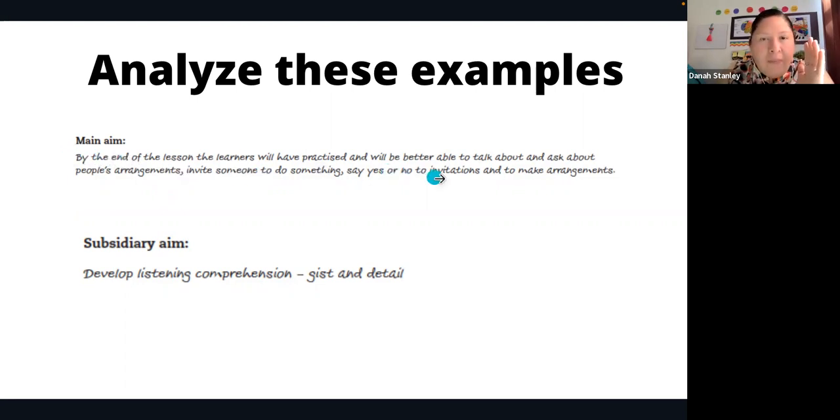They don't say represent or make a remedial word or present present continuous for future meaning. Si ya van a practicar and they are going to be better able to talk, entonces, this means that they have previous knowledge that present continuous is used for future, and they have previous knowledge of how present continuous is formed.